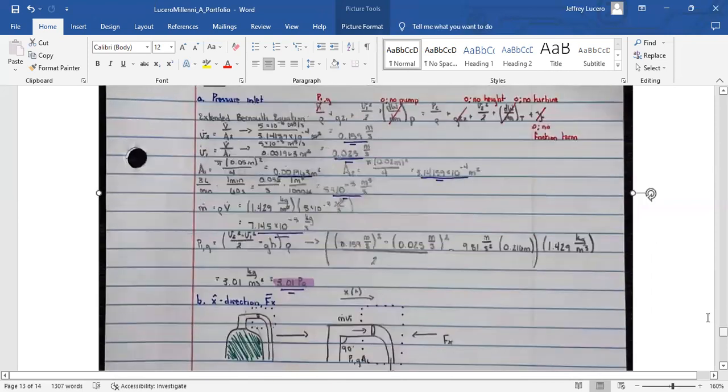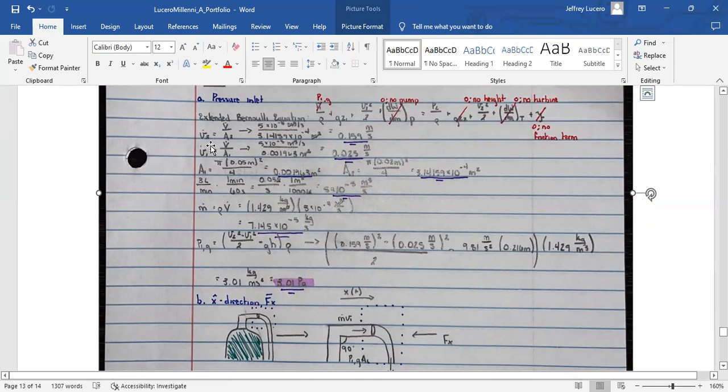For part A, the inlet pressure, we wanted to use the extended Bernoulli equation. We can cross off the no pump work term, the height of Z2, and the work of the turbine, because there's no turbine, and then we can cross off the friction term.